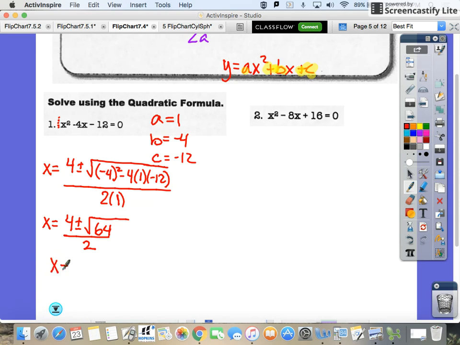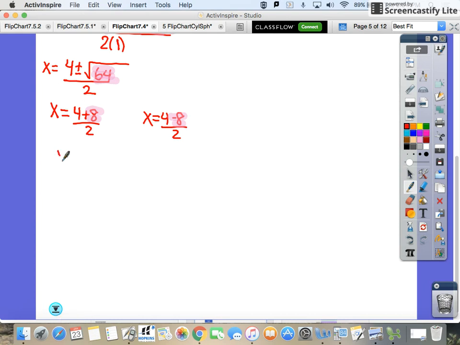We've got x is equal to 4 plus 8 divided by 2, and x is equal to 4 minus 8 divided by 2. This became 64, which then became 8, just to be really clear about that. So we end up with x is equal to 12 over 2, which is 6, or x is equal to -4 over 2, which is -2.